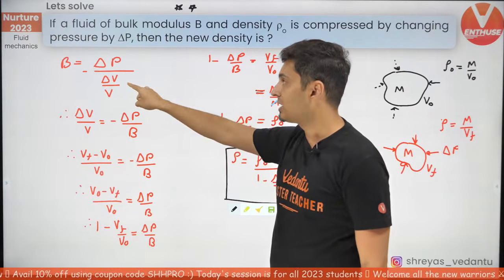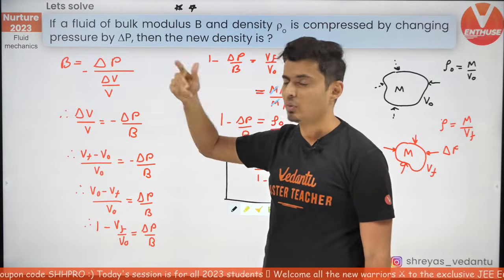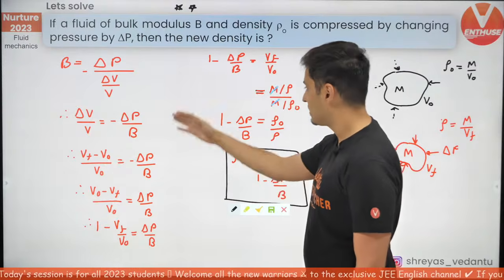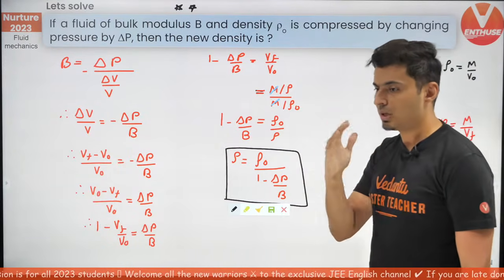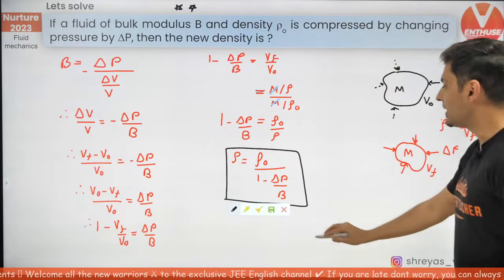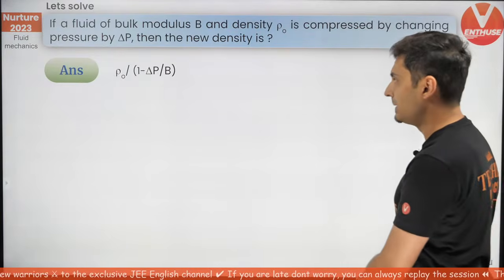This was the formula I just gave you a few days back. That negative sign comes because you have to always keep it positive. Just rearrange it. It's just pure maths after this, basic algebra, which anybody can do. Okay, perfecto. Let's get moving. And here is the answer, rho naught by 1 minus delta P by B.